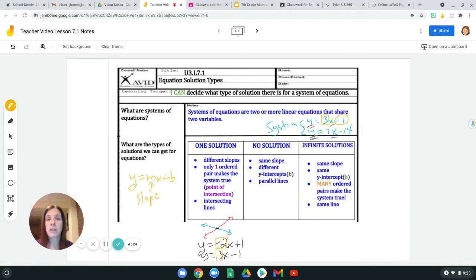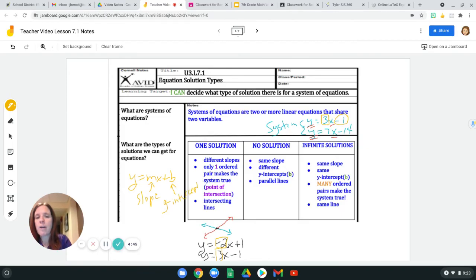All right, the second type we can have is no solution. For no solution, the linear equations in the system have the same slope, but they have different y-intercepts, different b's. Okay, so if we come back over here to our side, remember b is your y-intercept.